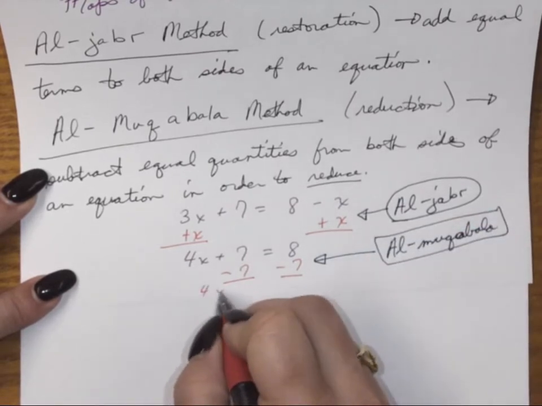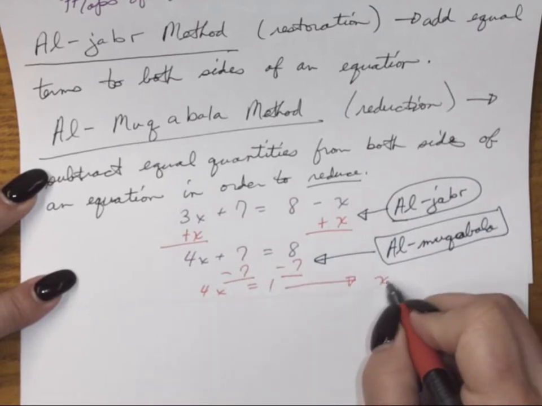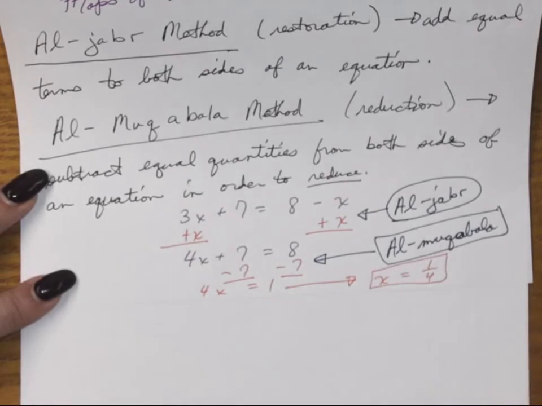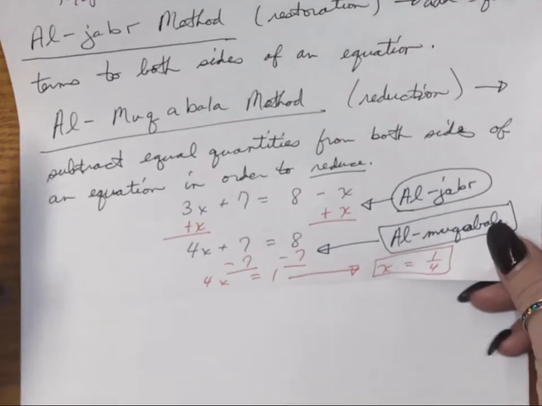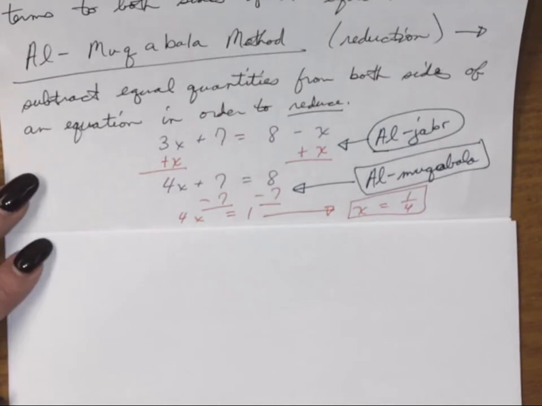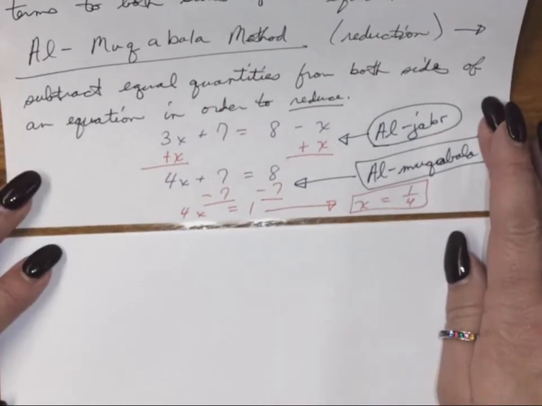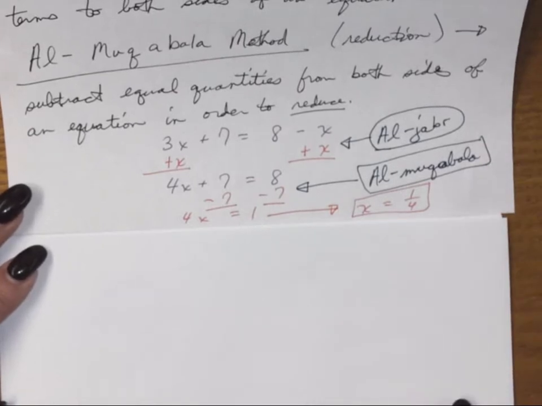So now I have something that looks like 4x equals 1, and then I'm out of space, so we're just going to say, later we'll develop this process that says I can divide both sides by the same quantity, or I can multiply by the same quantity. We know that those are opposite operations, multiplication and division, just like adding and subtracting are opposite operations up here. And so we would be able to solve that particular equation for x, of course.